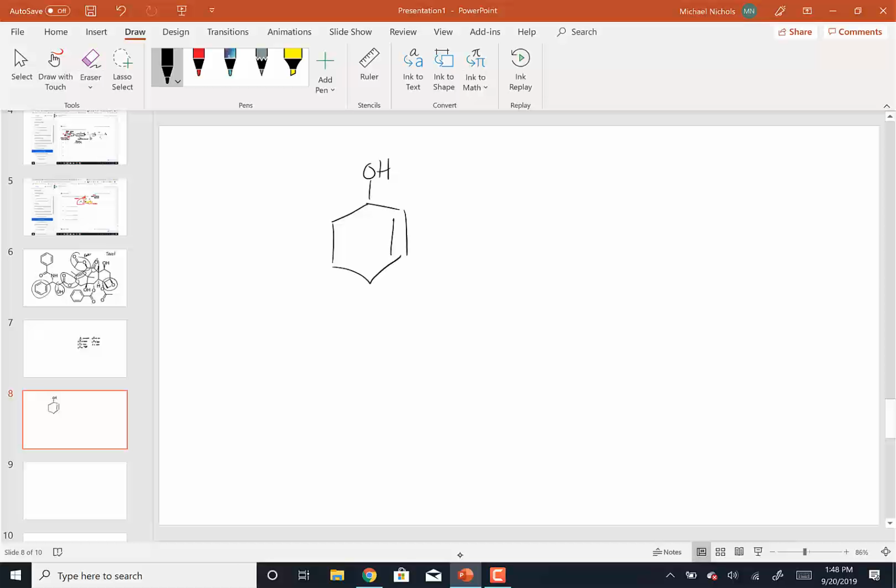So for rings, there's two situations for cycloalkane rings. One is where all the groups that are attached to the ring are just low priority, no priority groups, like the one on the right.